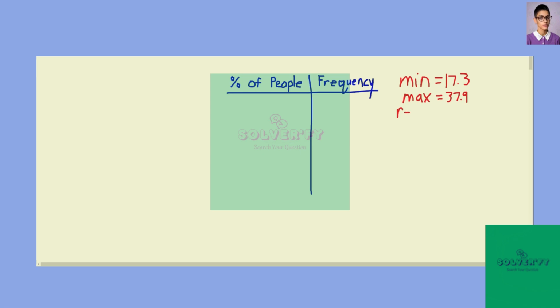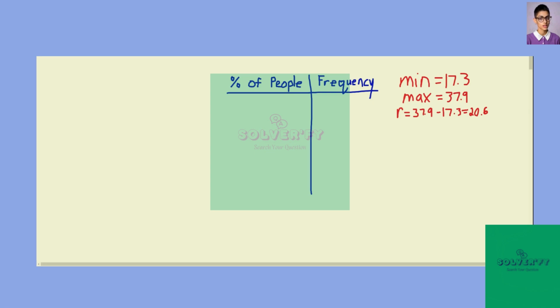This gives us a range of 37.9 minus 17.3, which equals 20.6. Now we can use this to find our width.